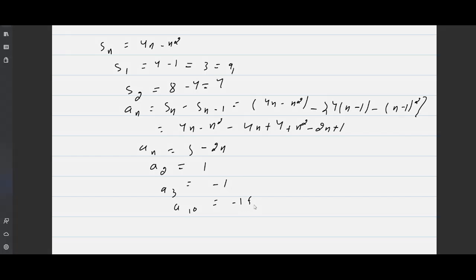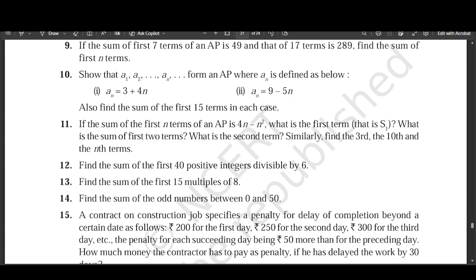Now move to the 12th question. Find the sum of the first 40 positive integers divisible by 6.